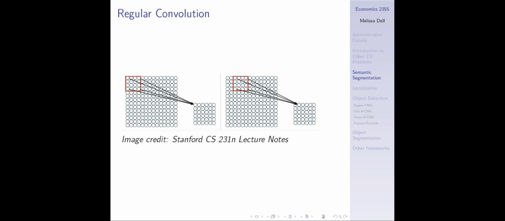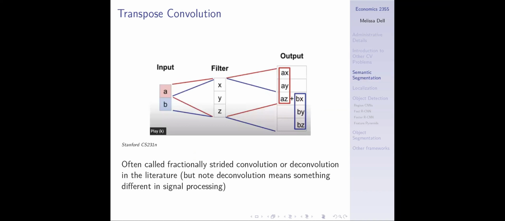Well, now we're going to do that essentially in reverse, in something that's called transpose convolution, which I found was best explained by this figure. If you think about doing this backwards, with transpose convolution you're doing exactly the reverse, right?